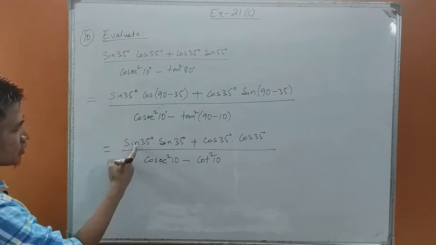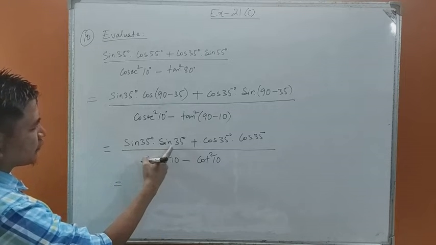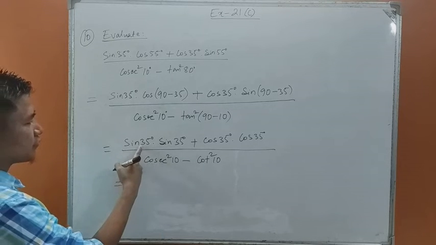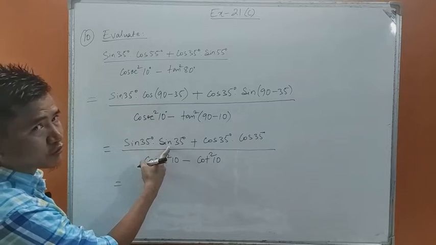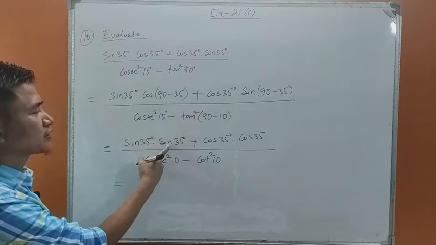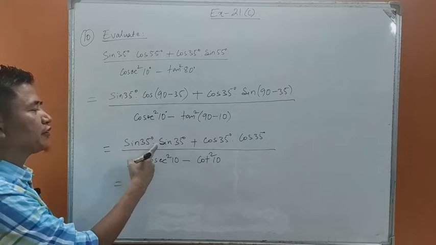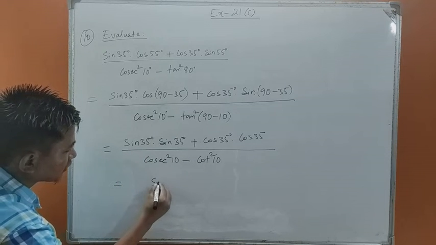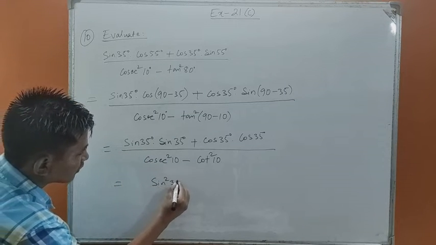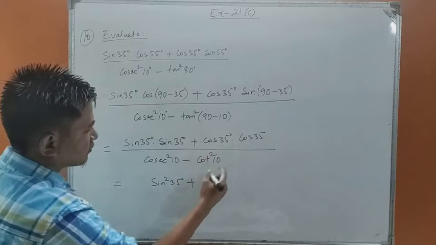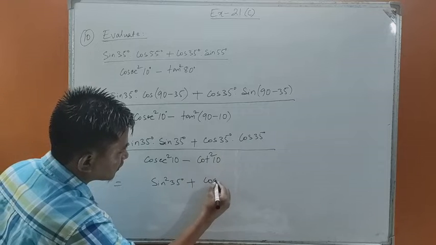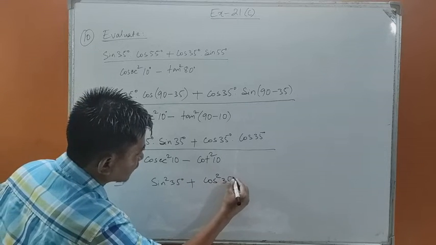So sine 35 into sine 35, same number, isn't it? Suppose this was a into a gives us a square. So sine 35 into sine 35 gives us sine square 35 degree plus cos 35 into cos 35 means cos square 35 degree.